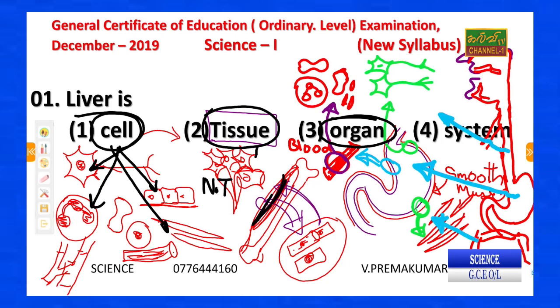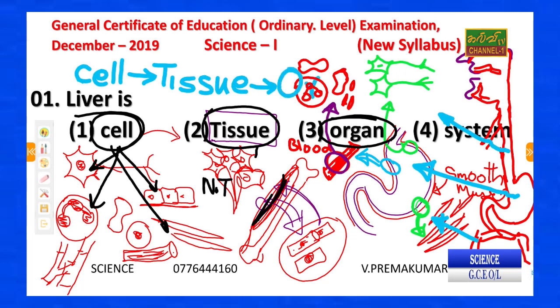Therefore, we can consider the formation: cell, then a group of cells is tissue, then a group of tissues, that means the combination of the tissues, produces an organ, then the organs combined produce systems, right?